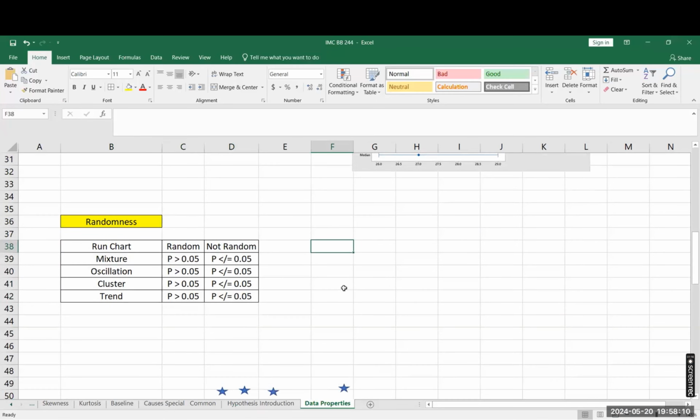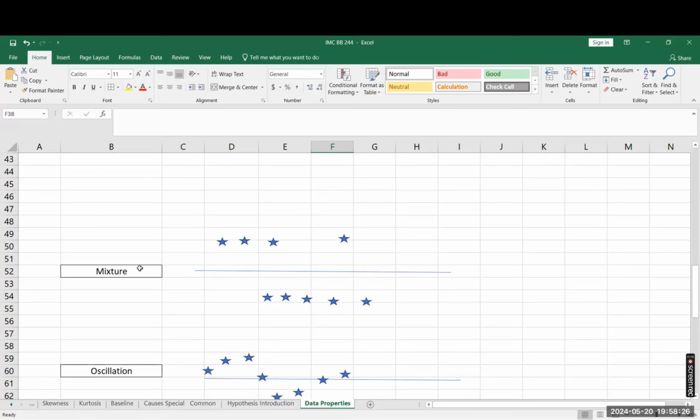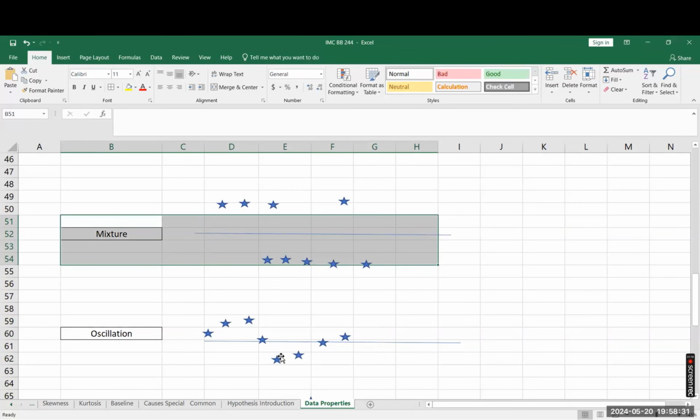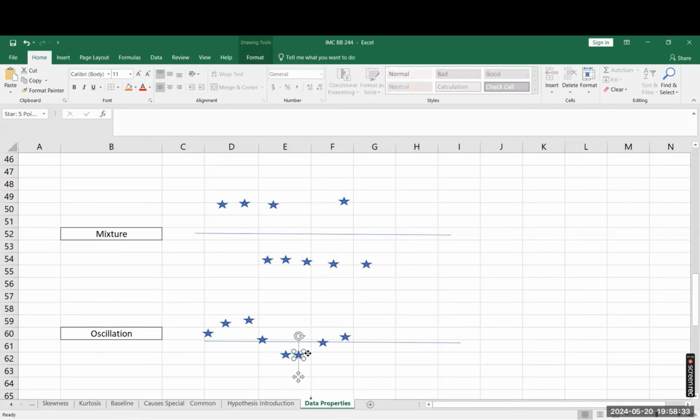Yeah. So we were discussing about the randomness, and the data would be considered random if the p-value is greater than 0.05. And if the data is random, then we will be checking what kind of randomness it is. Is it mixture, oscillation, cluster, or trend? And if the value is less than 0.05, then there is no randomness, and we would not be checking oscillation, mixture, or anything.